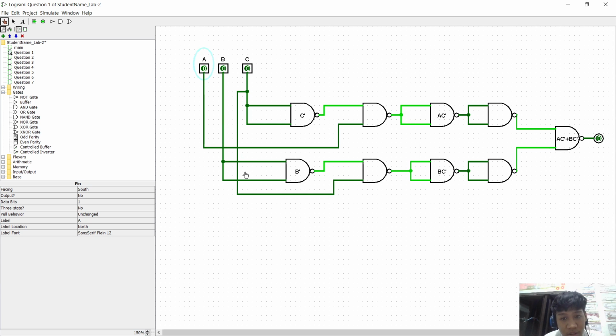And to answer question 1, we will have to demonstrate how I created this integrated circuit.